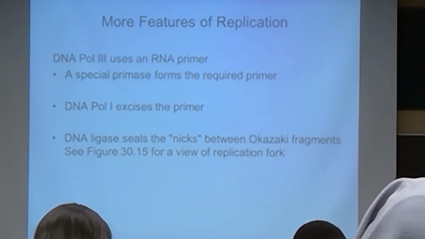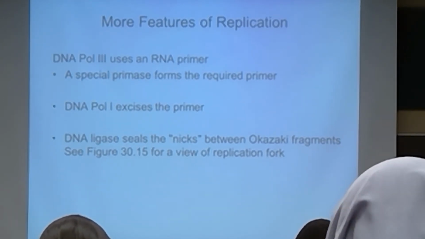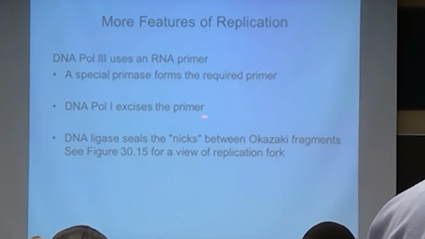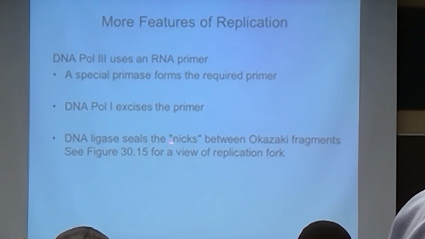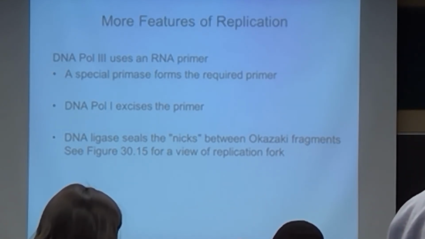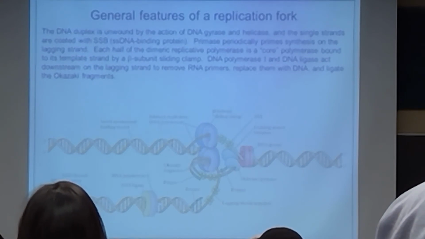And so on. All of them use an RNA primer, a special primase forms the required primer, DNA pol I excises the primer, and DNA ligase seals the nick between Okazaki fragments. Does this statement make sense? Yes or no? Pretty easy.